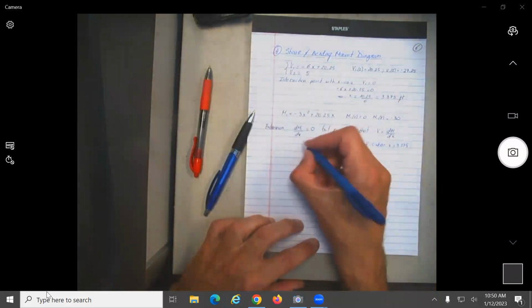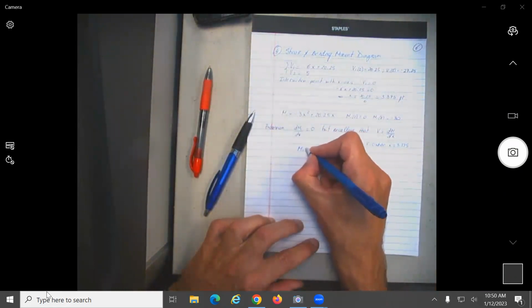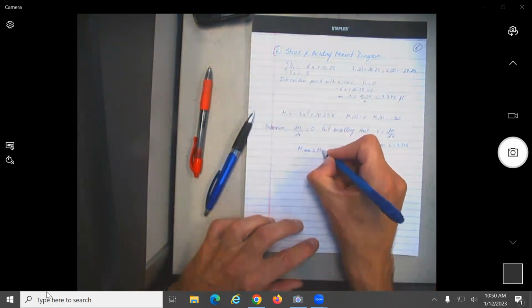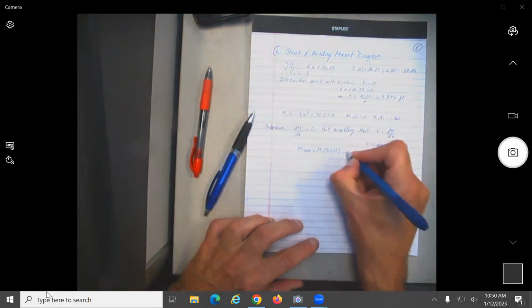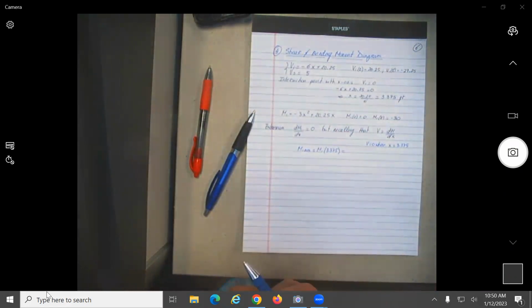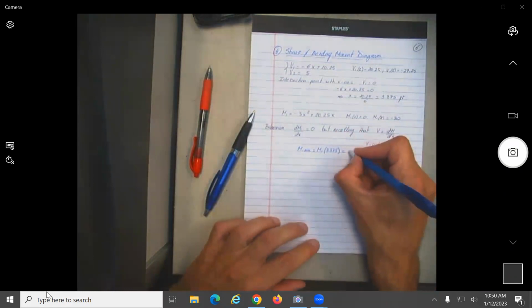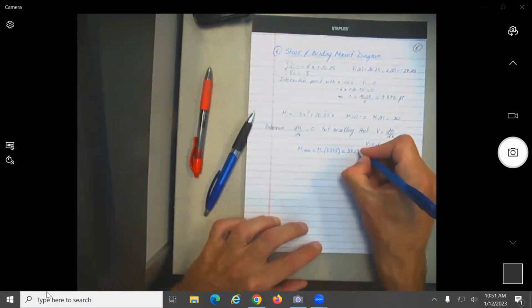So let's say M1 max is equal to M1 at 3.375. If you substitute into M1, I think I have that value: 34.70.